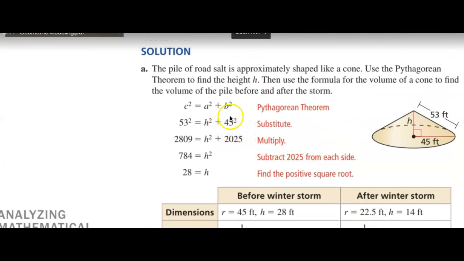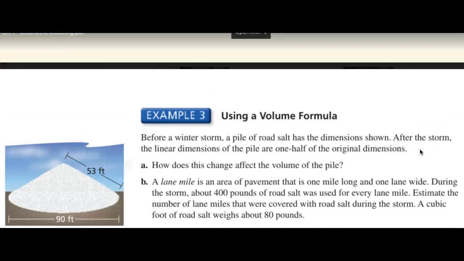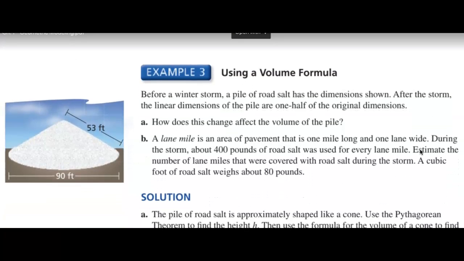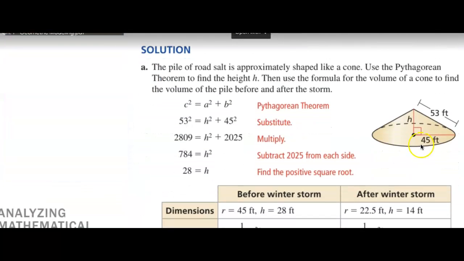And so if you figure out what the volume is of this cone originally, with the original measurements of 53 feet as one side of the cone, 45 feet being 1/2 the diameter, so of course the radius, then we can figure out what that height is.